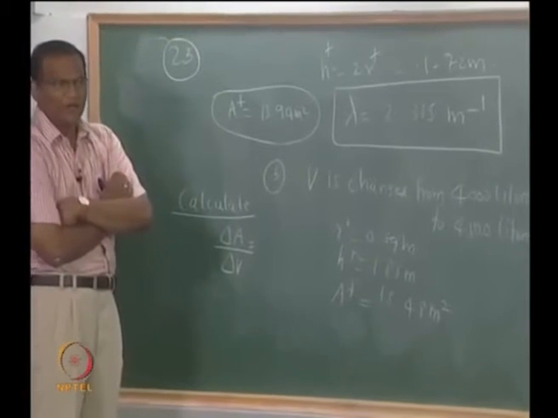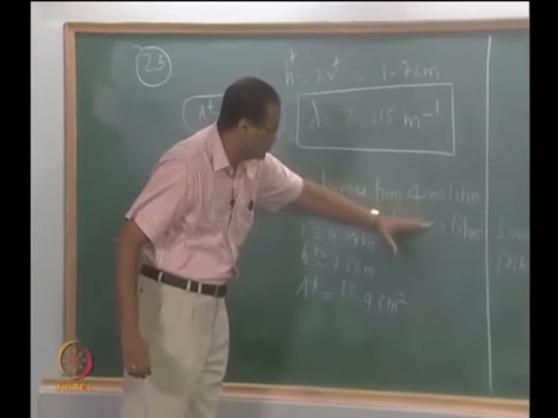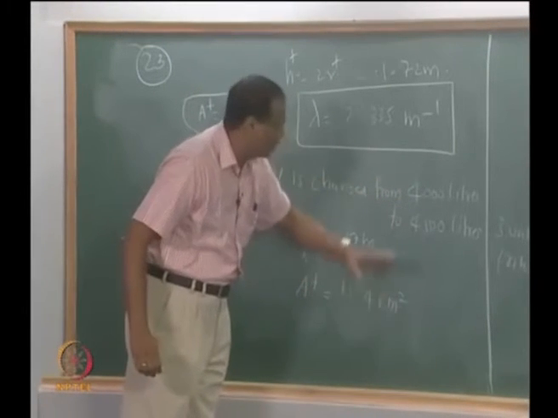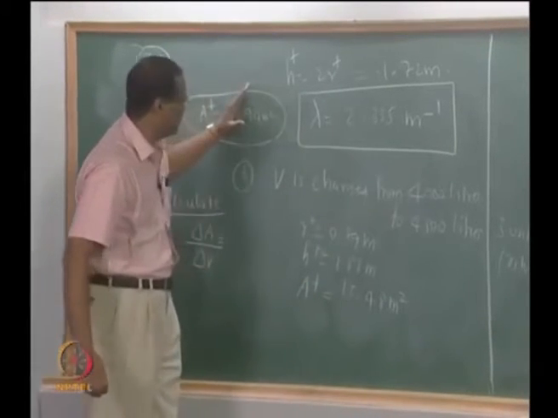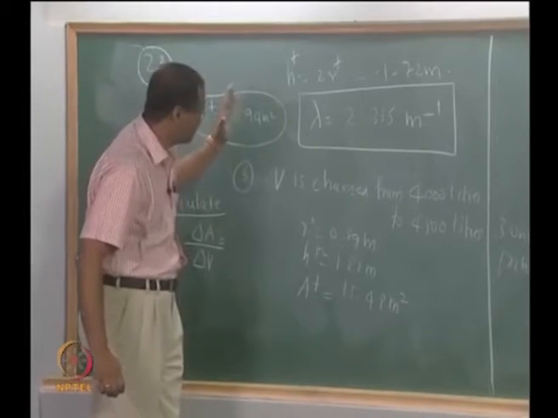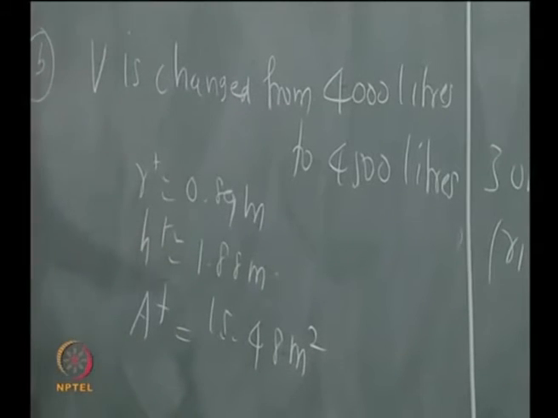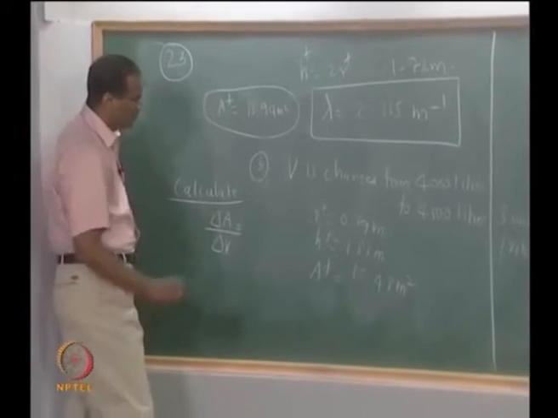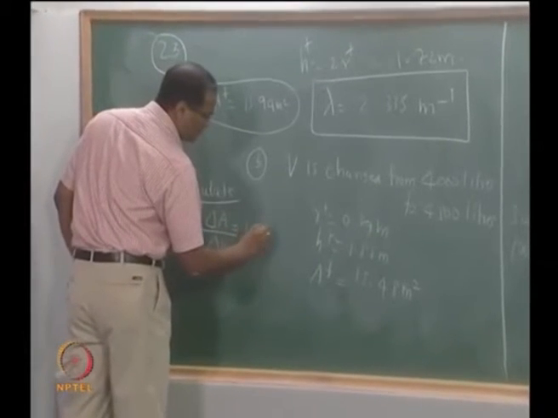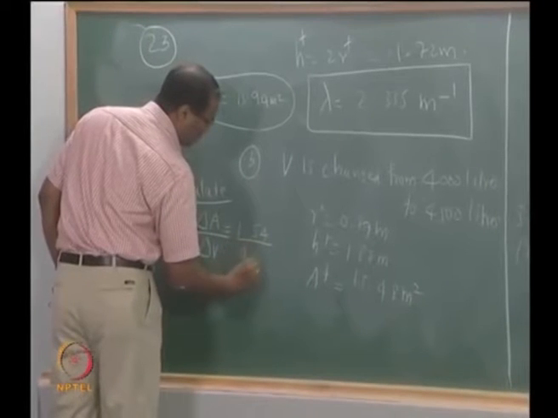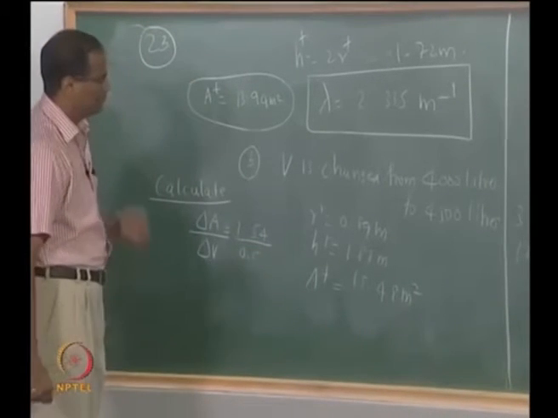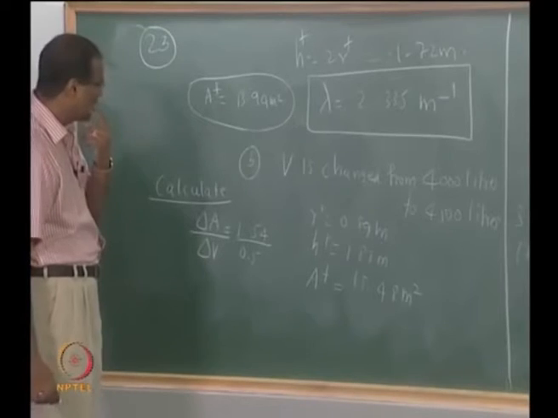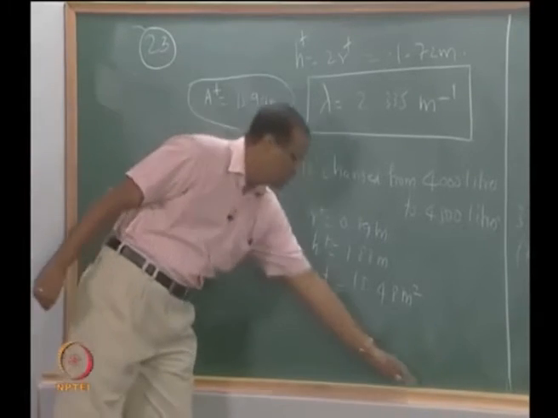Are you getting the point? From 4000 liters, if you change to 4500 liters, you are getting a new optimal area. For 4000 liters, you got an optimal area. I am asking you to take the difference between the two optimal areas divided by the change in the volume. This is 1.54 divided by 0.5. Is it correct? Is it 15.48?